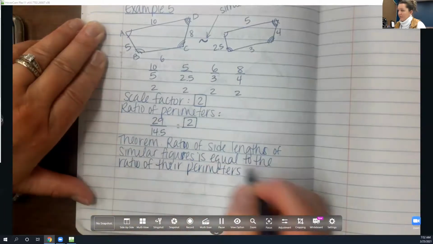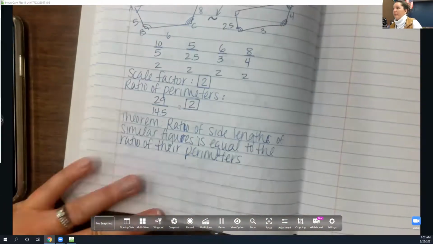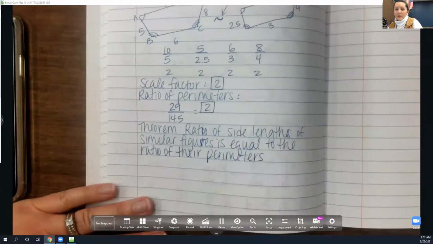It's not the same for area or volume, but we won't get into that today.